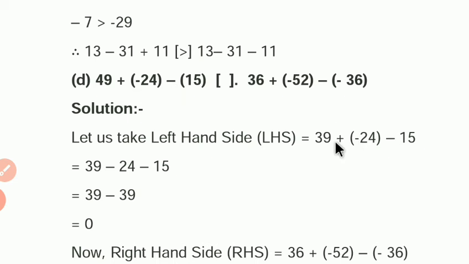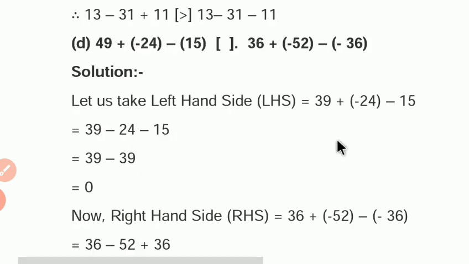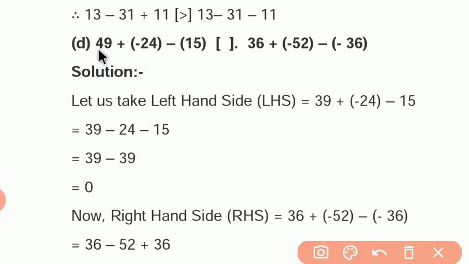Left hand side is given as 39 plus minus 24 minus 15. So the first step is to open the bracket. So 39 plus into minus 24 minus 15. Again we will solve two numbers first. Any two numbers you can solve first. The answer will come the same only.